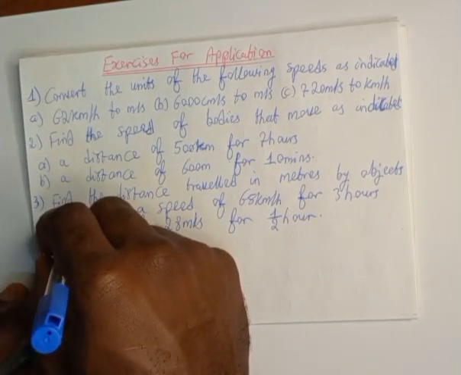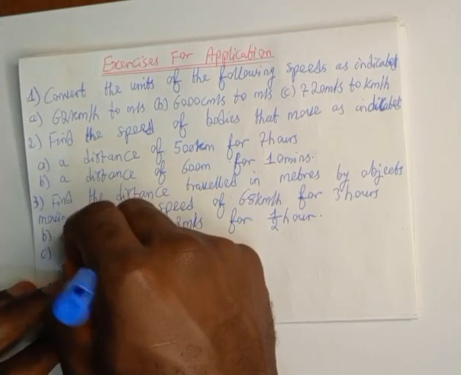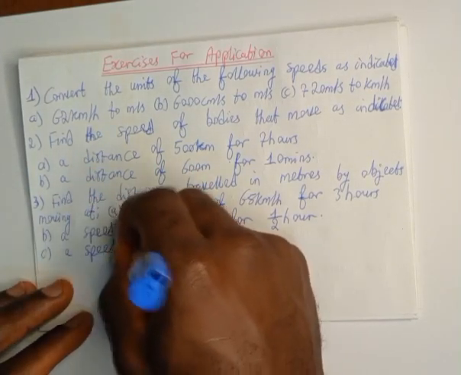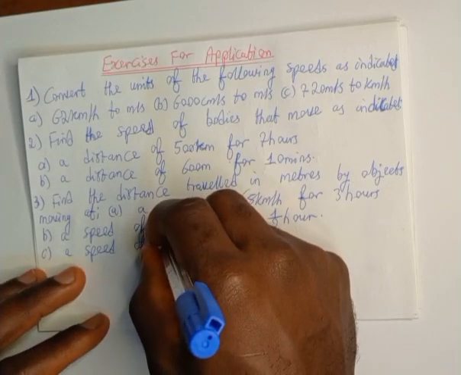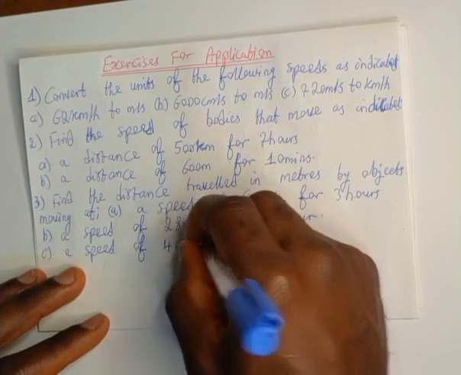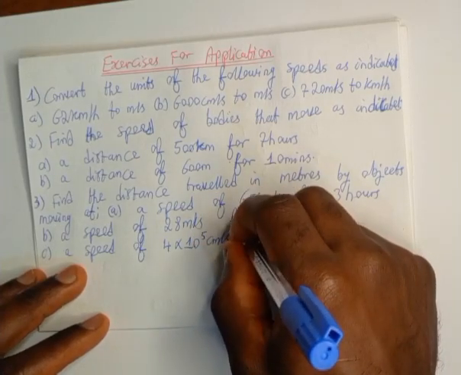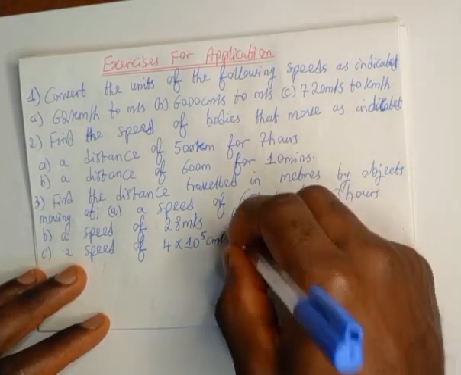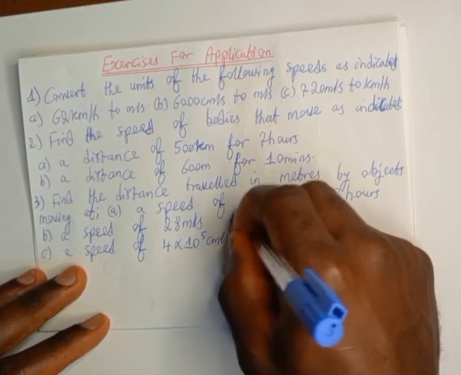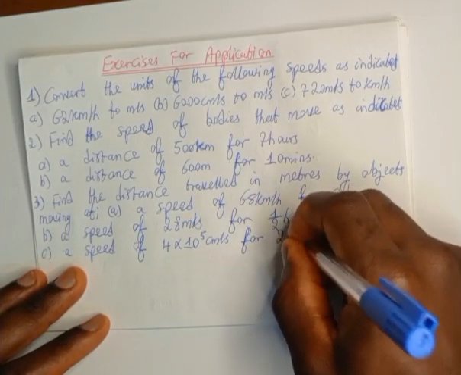For C, a speed of 4 times 10 to the power 5 centimeters per second for 2 minutes.